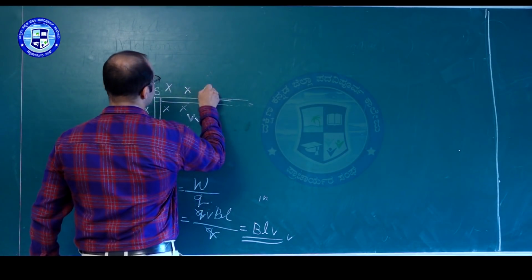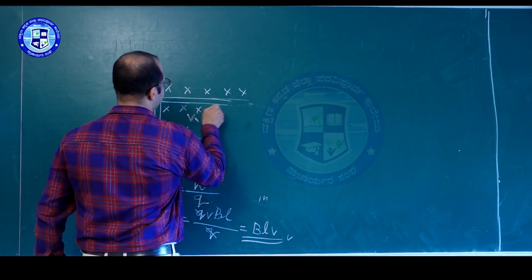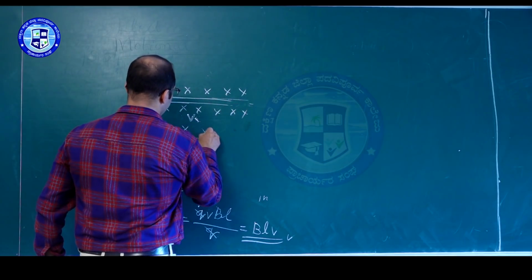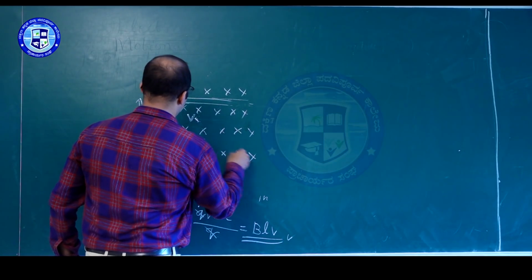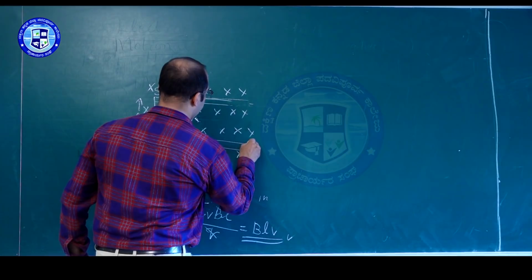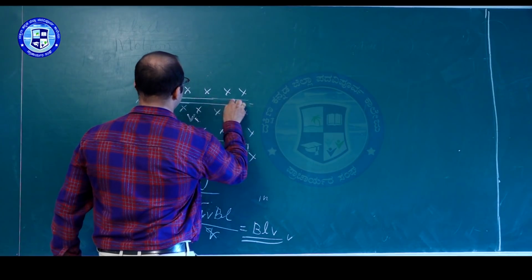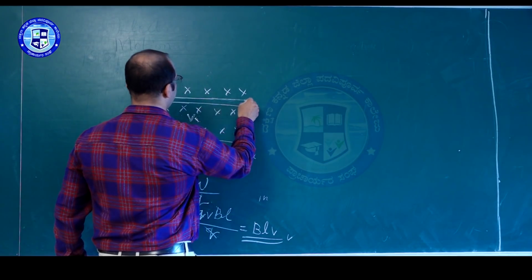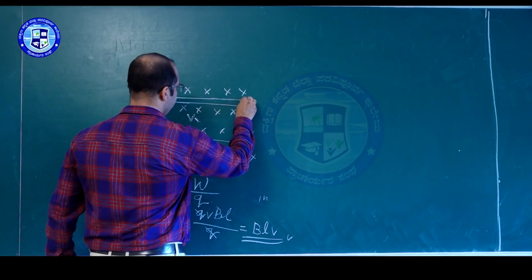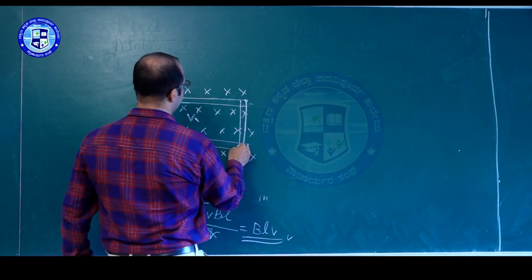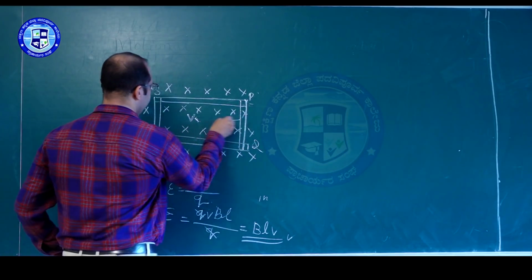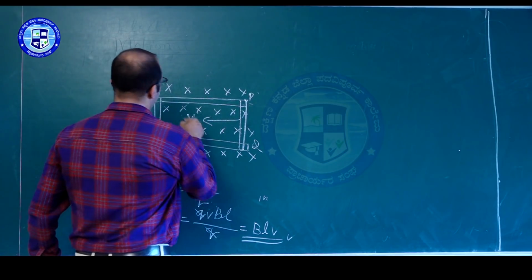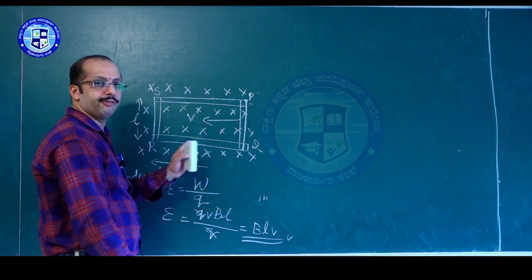Here again we consider the uniform magnetic field, and the same conductor PQRS, a rectangular conductor, with P and Q here, and RS moving with velocity V in the uniform magnetic field.